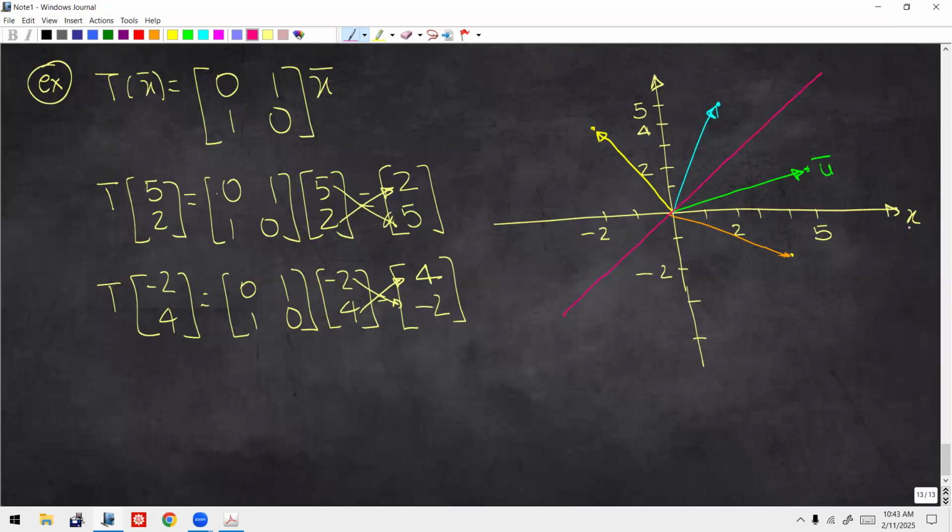Normally we call it y equals x because this would be x and y, but now we have x1 and x2. So this would be the line x2 equals x1. If you notice, this point gets reflected and becomes this point, and this point gets reflected and becomes this one. So it's giving us a reflection about that line. That's what that matrix transformation is doing.